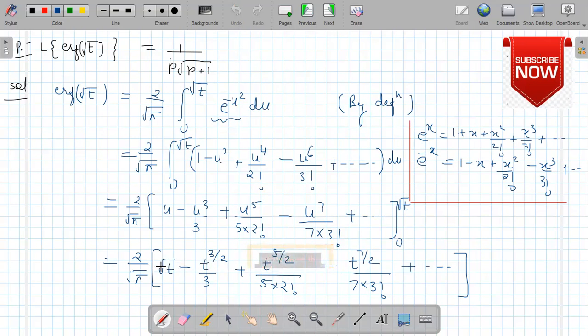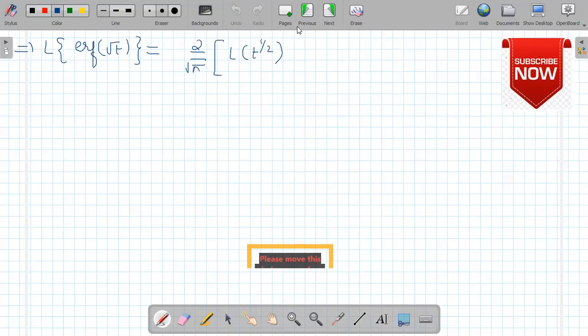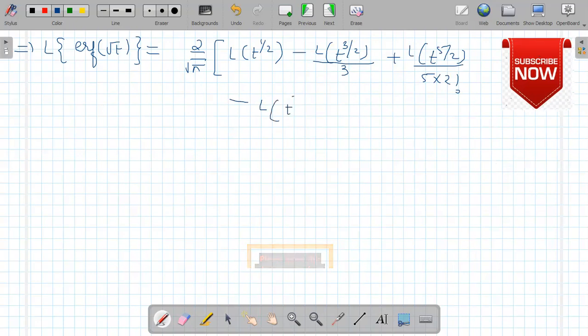L of t raised to power half minus L of t raised to power 3 by 2 upon 3, plus L of t raised to power 5 by 2 upon 5 into factorial 2, minus L of t raised to power 7 by 2 upon 7 into factorial 3, and so on.